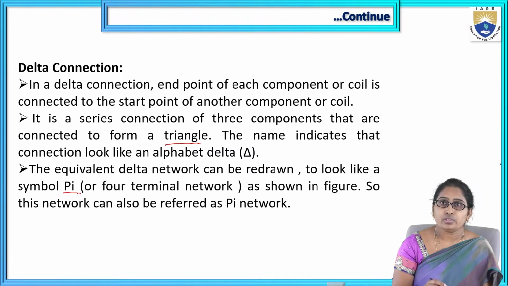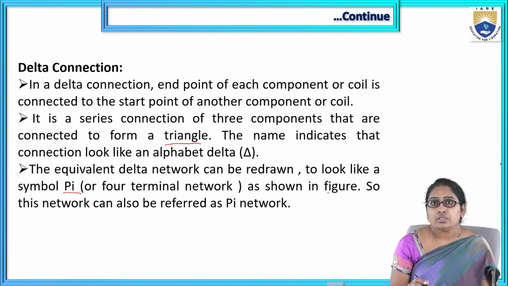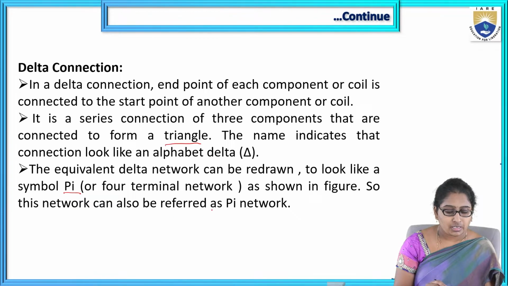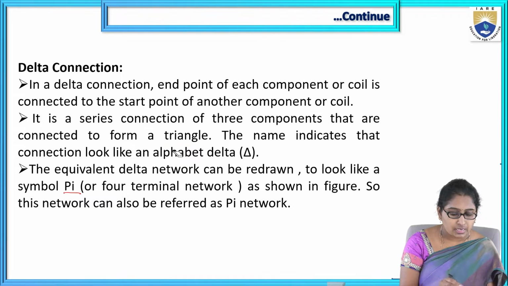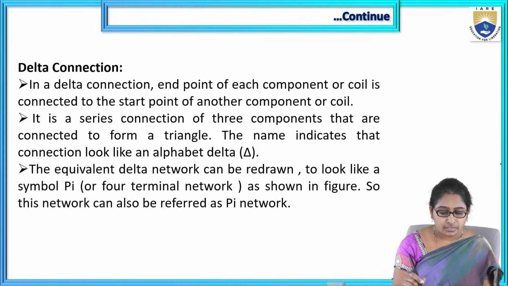That is a 4-terminal network, which is shown here in the figure. So this delta network can also be referred to as a pi network. Look at the figure.